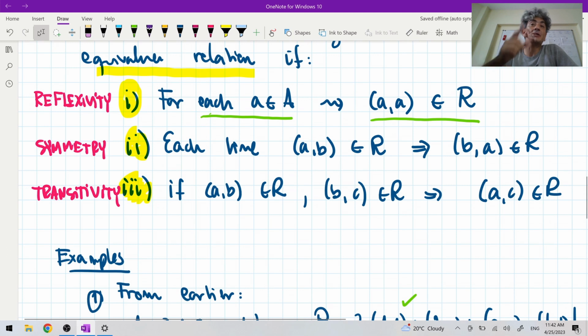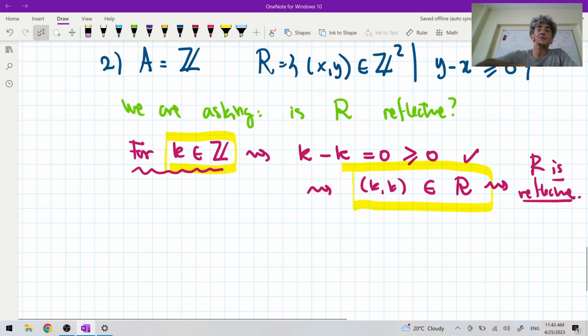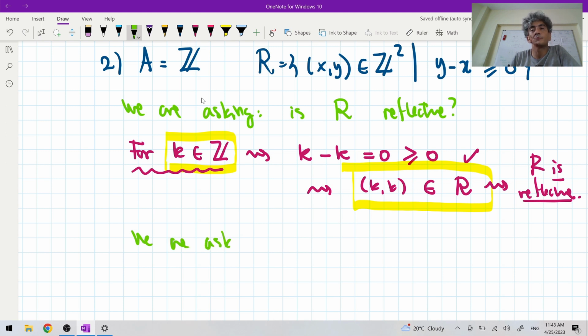Then we need to check symmetry. Is it true that this is a symmetric relation? So now we are asking if R is symmetric. Is R symmetric?